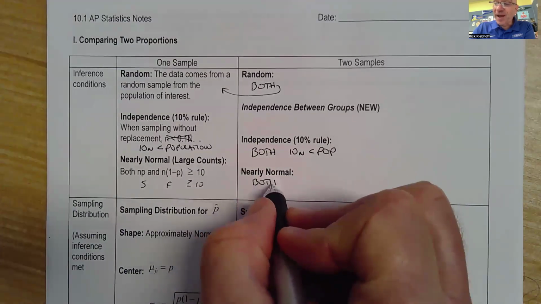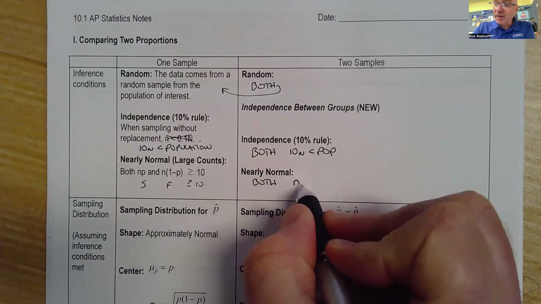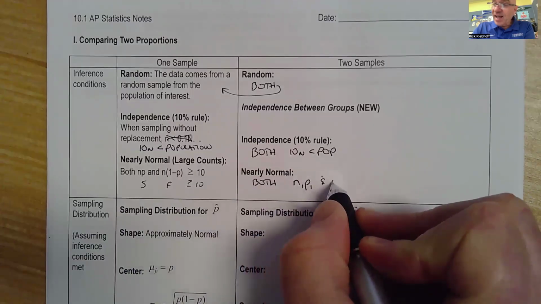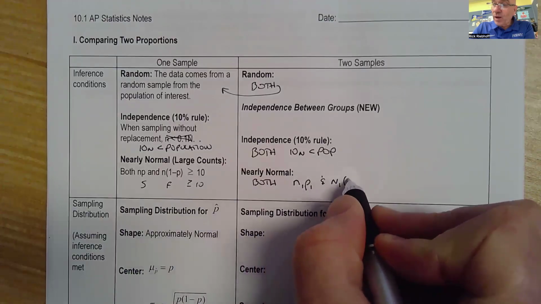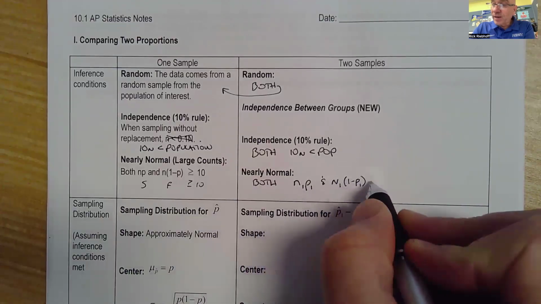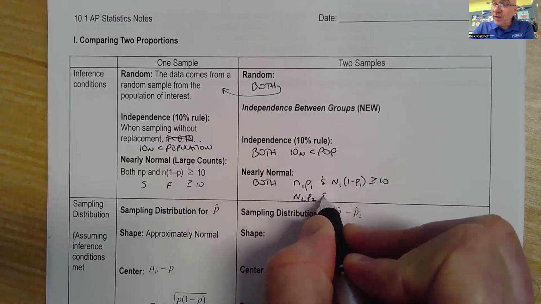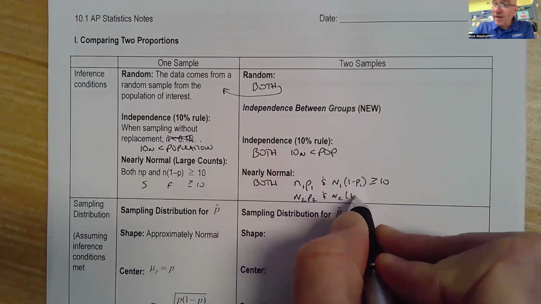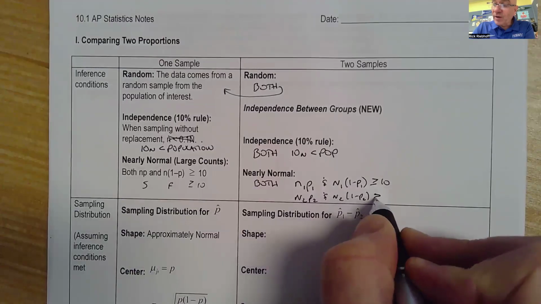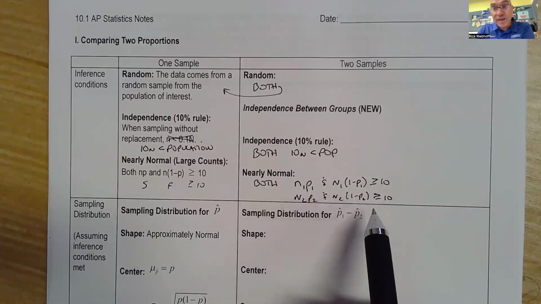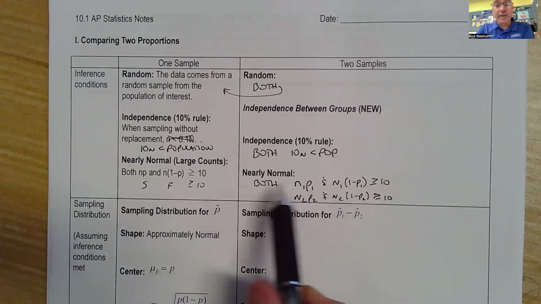Both have to pass that. Sometimes you'll see it written n1p1 and n1(1 minus p1) are greater than or equal to 10, and then n2p2 and n2(1 minus p2) are greater than or equal to 10. But we have to check both of them for nearly normal.